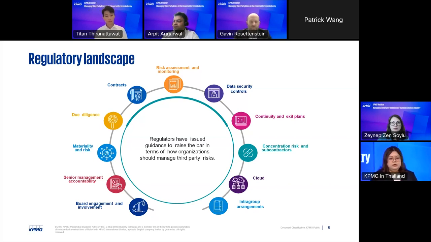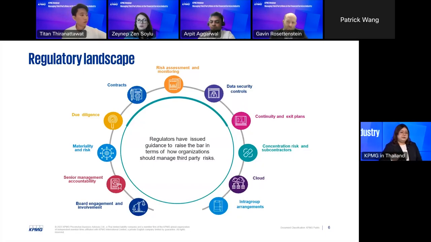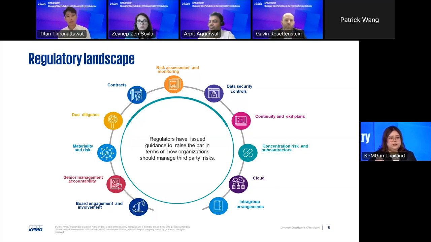I might not go through all the topics on the slide, but I will give you five focus areas for your third-party risk management. The first one is about board involvement and senior management accountability.